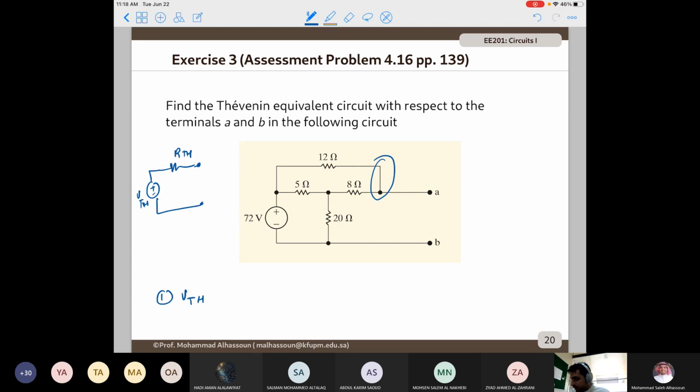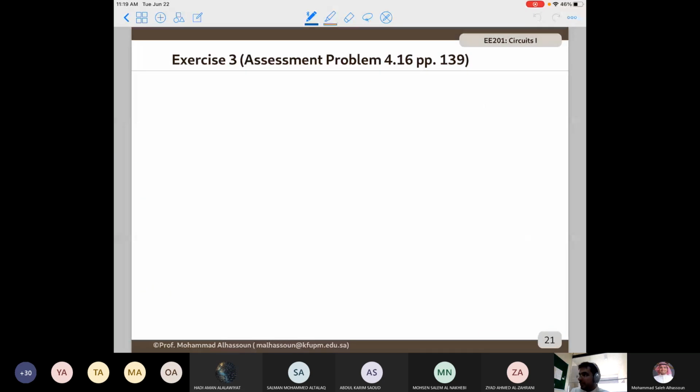If we want to do it with the node voltage method, this will be easy because I know this one. This is 72. The only thing that's missing is this one, V1, and this one is V Thevenin actually. So one of the node voltages is actually the Thevenin voltage. So let's apply the node voltage method.